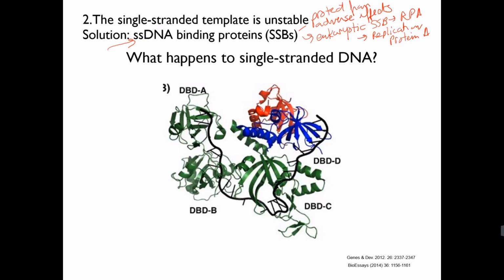So RPA is basically a heterotrimeric protein. It's made up of 3 subunits, and those are colored differently here. This green one is the 70 kilodalton subunit, and they basically just name them by their molecular weight. So this was called RPA70.